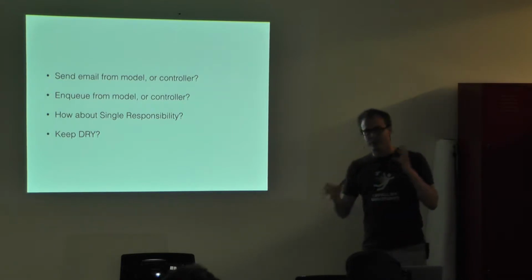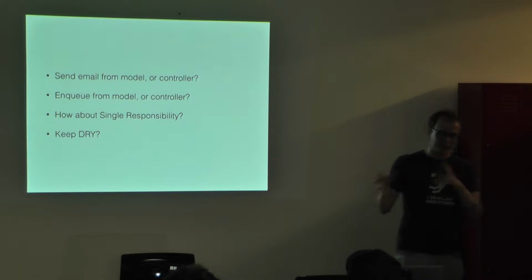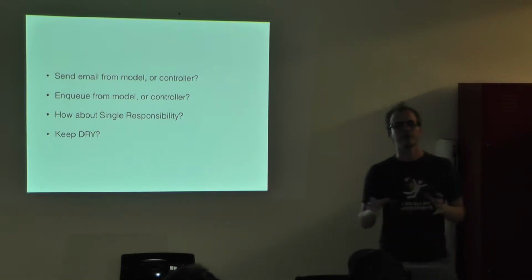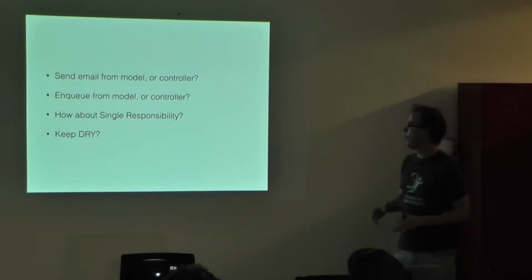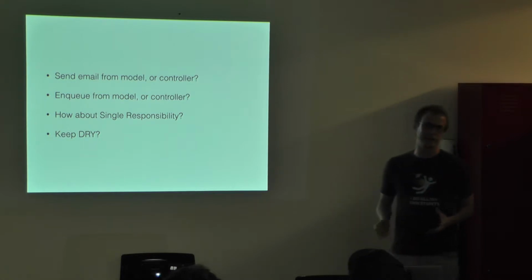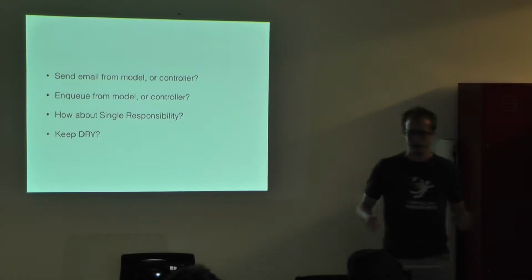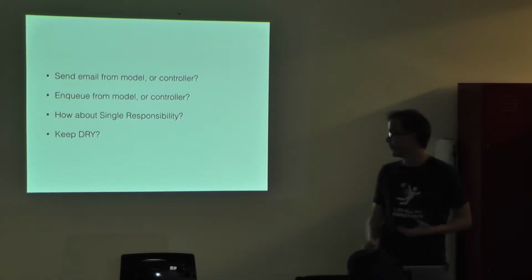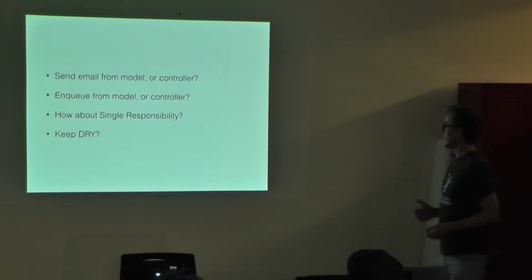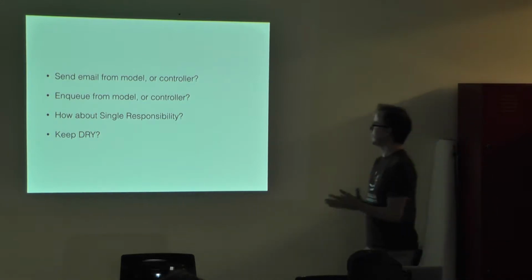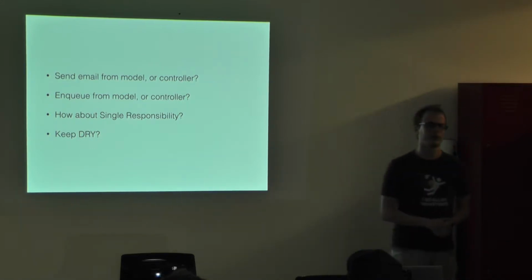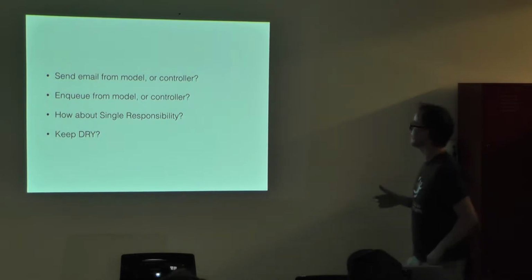It leaves us though with certain questions that, depending on who from the Rails core team you're talking to, might get different answers. Like, when and where do we send an email? Is that business logic, so it should be in the model, or is a mail a view? According to certain people, that is. So it should go into a controller. Although a mail itself is actually based on the same base class as a controller, which is kind of bizarre, a controller inside of a controller, but why not?